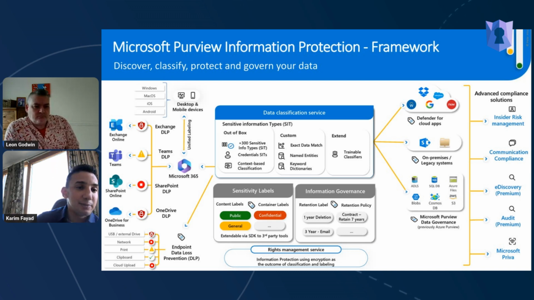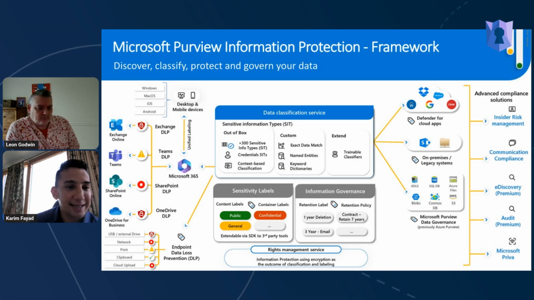We set a trainable classifier on that folder. The trainable classifier learns what a CV in your organization looks like, the headers, the footers, the metadata. And if it sees anything that looks like a CV anywhere else outside of that specific document library, it will classify this document with the label, let's say CV or resume, or however you want to call it. So lots of ways to help you classify.